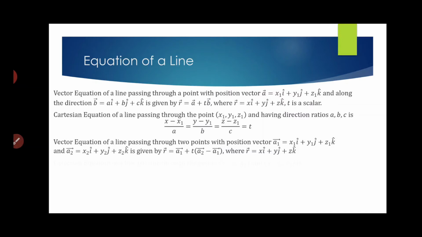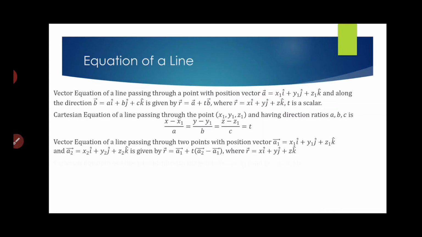The first one is what we have in 2 dimension as the point-slope form. So we are given the point and the slope of the straight line, and so we can find the equation of the straight line. Similarly, in the second case, if we are given 2 points, that is the two-point form of a straight line in 2 dimension.